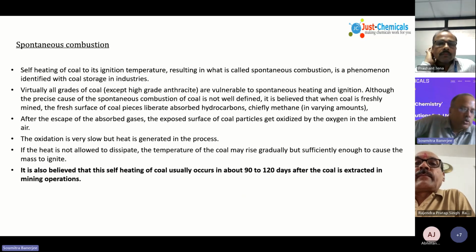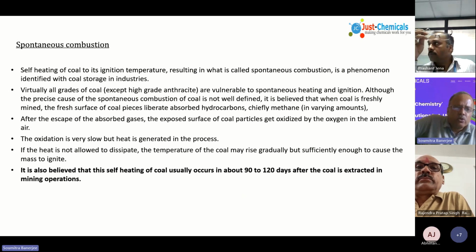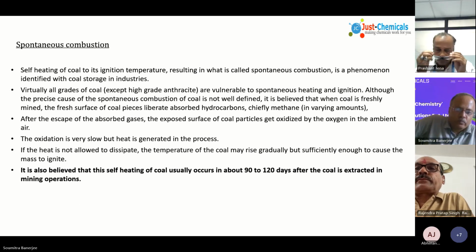Although the precise cause is not well defined, even when you keep the coal at a very high pressure, stronger heat, and maybe the heat density is also high, then also you may find some combustion which normally occurs from the sides where the voids are available.